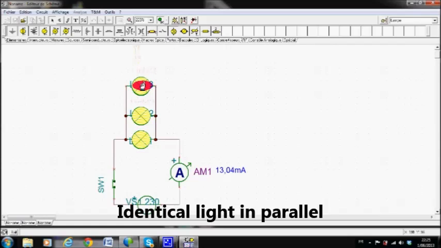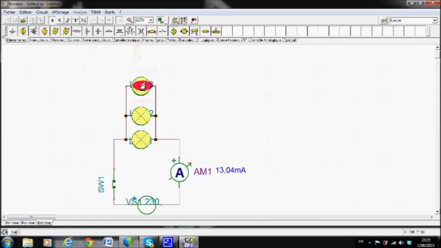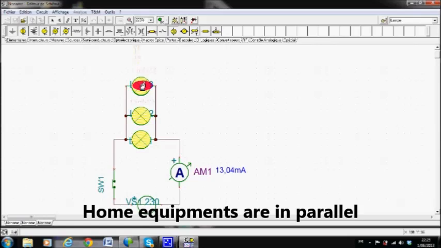When using your computer, you can also use your TV, your video player, or any kind of apparatus you have in your kitchen. You don't get any series connection in your house.